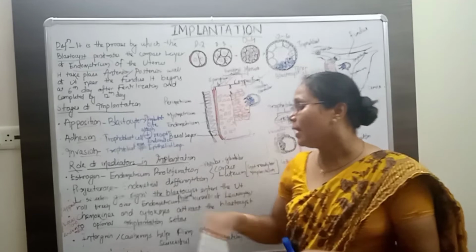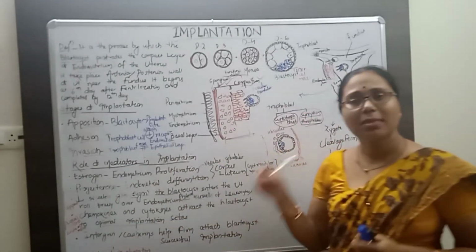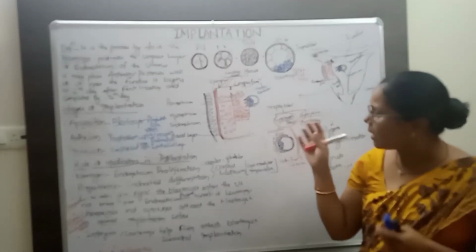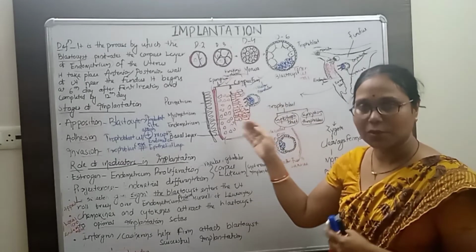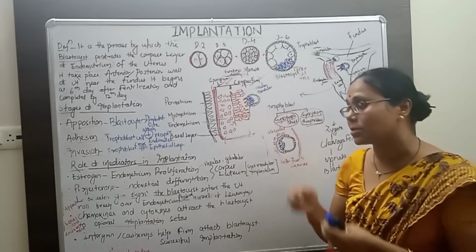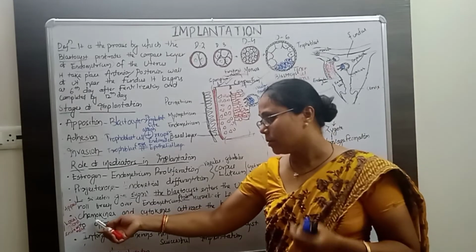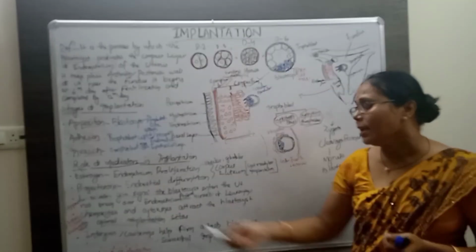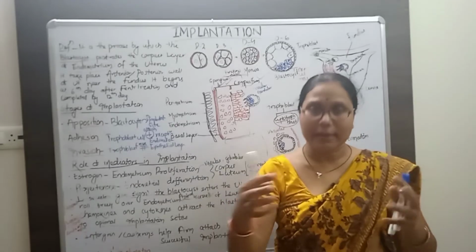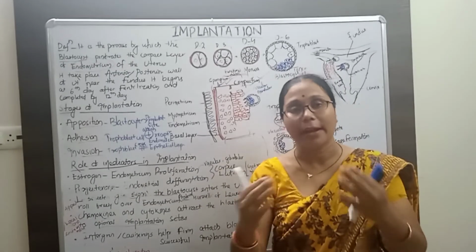What are they? The L-selectin. It gives a signal to the blastocyst for implantation, attracting it toward implantation. Also two other protein molecules are present, the chemokine and cytokine, which also attract the blastocyst towards the endometrium layer.